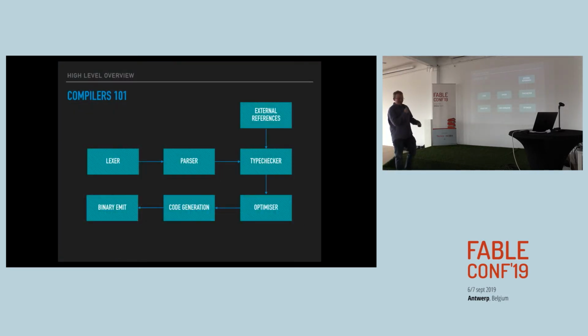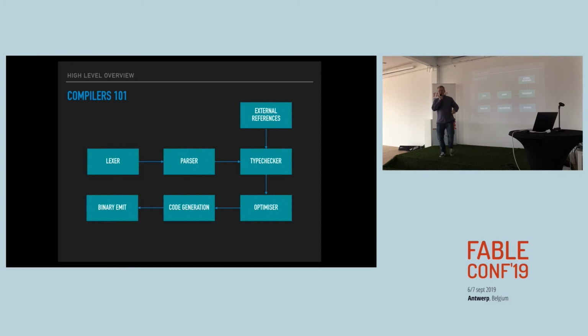So compilers 101. Compilers, if you've read any book about compilers, or taken a university course about compilers, or written your own compiler in like 100 lines of F# code, have several phases. And compilers are often basically black boxes. You send some files to them, some magic inside happens, and you get some nice executable, nice library, nice DLL.